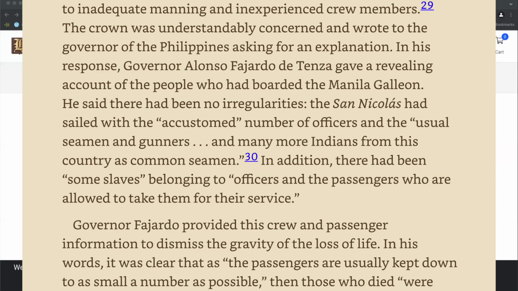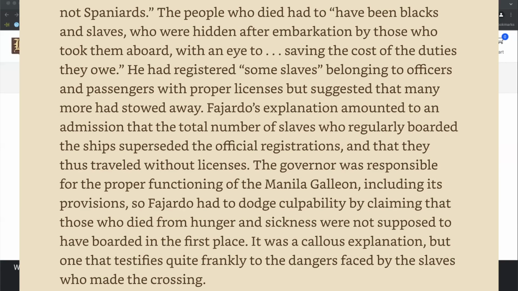In his words, it was clear that as the passengers are usually kept down to as small a number as possible, then those who died were not Spaniards. The people who died had to have been blacks and slaves who were hidden after embarkation by those who took them aboard, with an eye to saving the cost of the duties they owe.